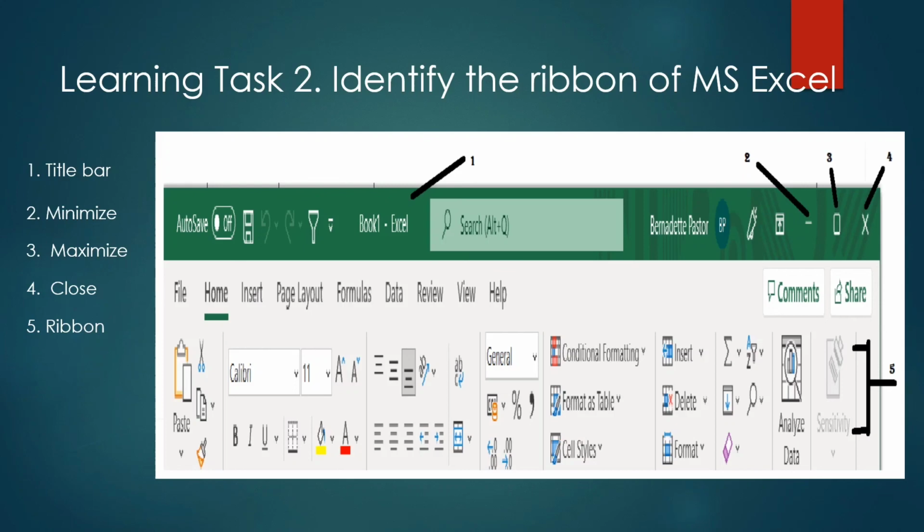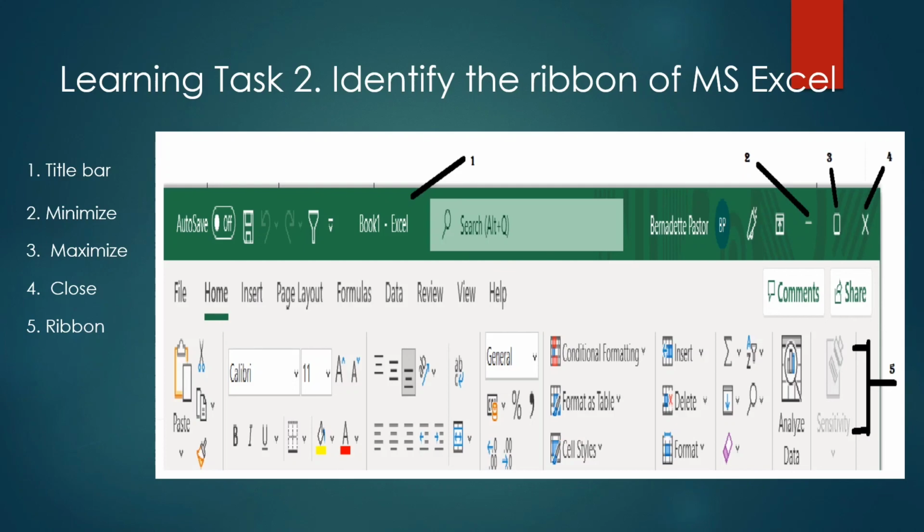Number 2, minimize button. It is used to hide the application on your screen. Number 3, maximize. It is used to cover all the screen into full size. Number 4, close or exit.